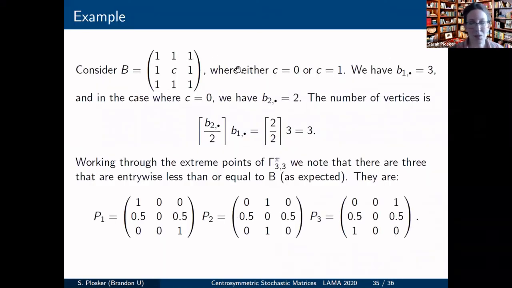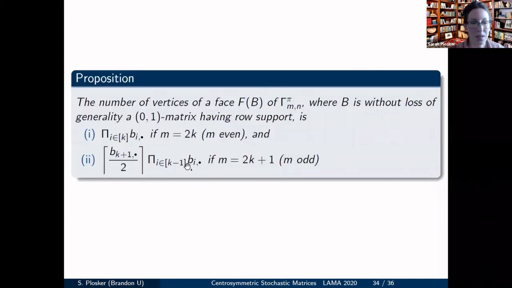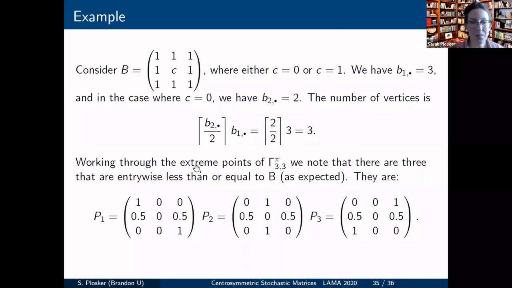Okay, this is 3 by 3, and let's first consider the case where this middle entry is 0. Our first row sum is 3, the second row sum, let's say, is 2 for now, and the third row sum we don't have to worry about. Here m is 3, so this is 2 times 1 plus 1. So we actually don't have anything to multiply here, we just take the row sum b1 dot, which is 3: 1 plus 1 plus 1.